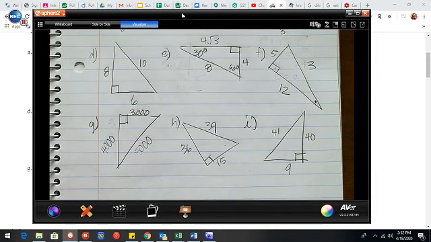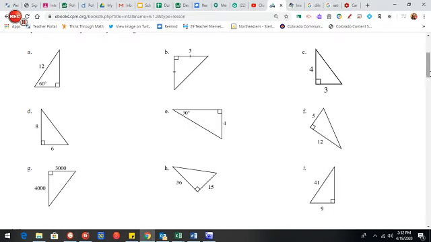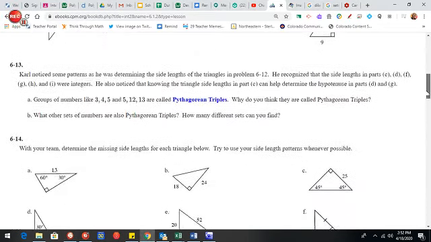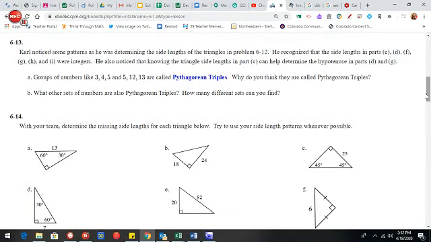Okay. So I know you're wondering, why are we doing all of this? So if you look at the next question, it says Carl noticed some patterns as he was determining the side lengths of the triangles in 612. He recognized that the side lengths in parts C, D, F, G, H, and I were integers.